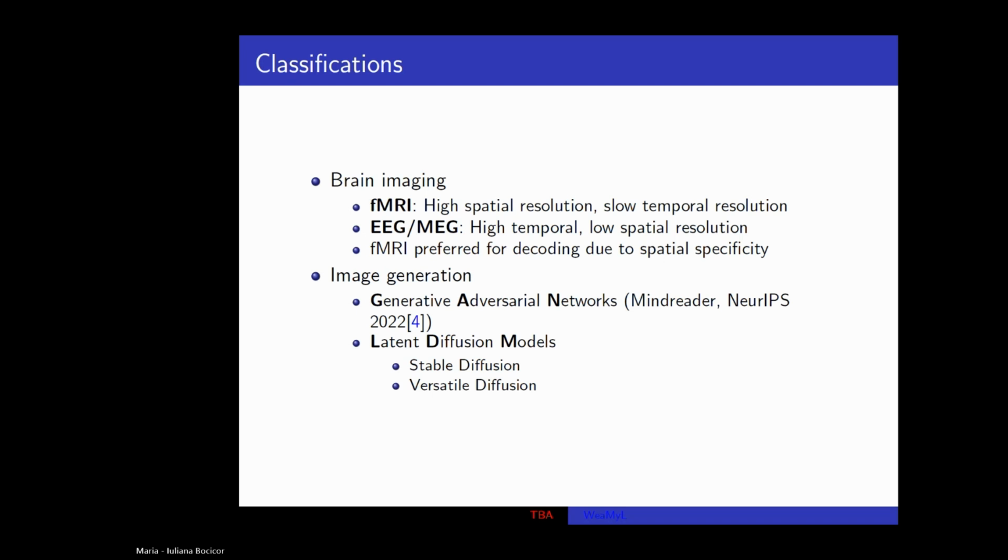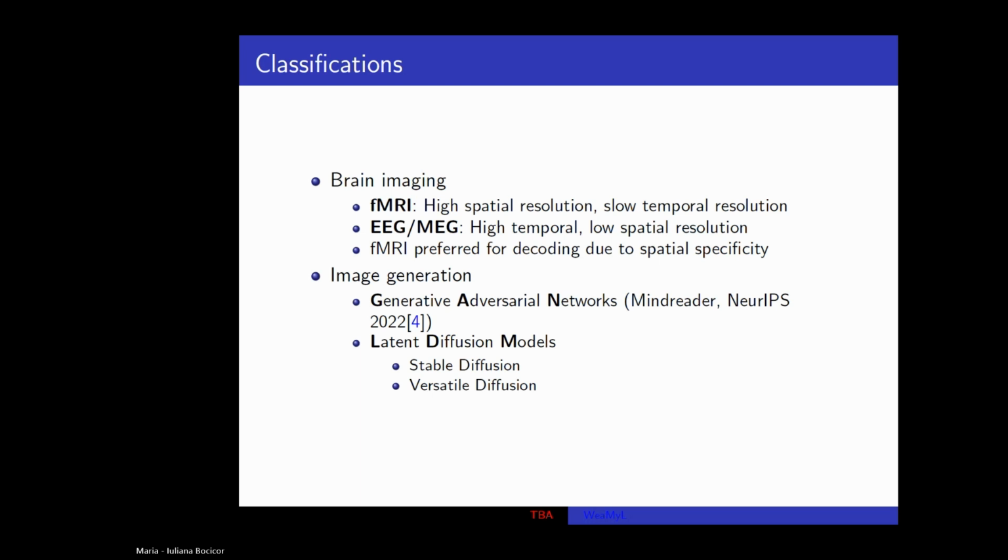Okay, so this topic can be classified in multiple orthogonal ways. They are independent from each other. The first type would be the brain imaging technique used. And I mentioned on the slides three techniques, fMRI, EEG, MEG, each with its own advantages and disadvantages.